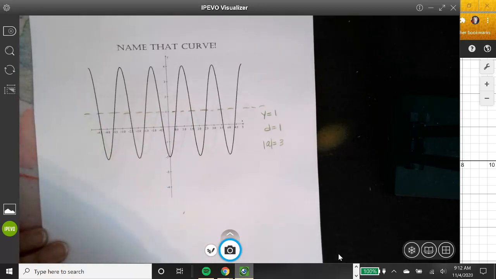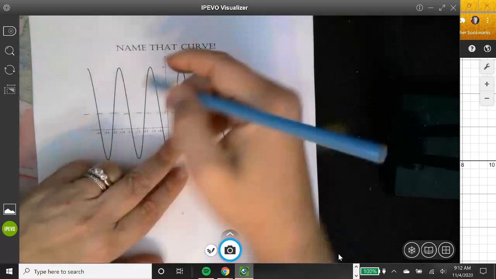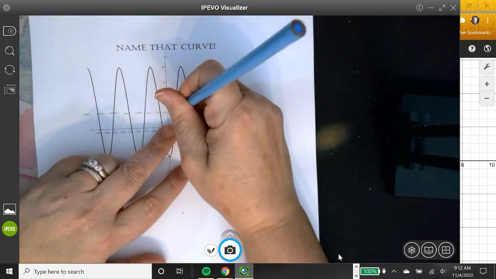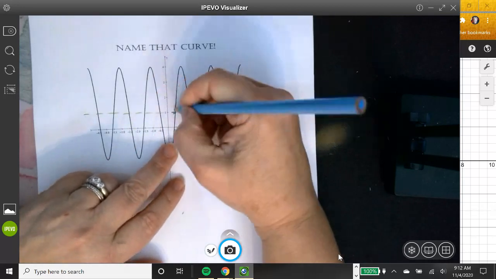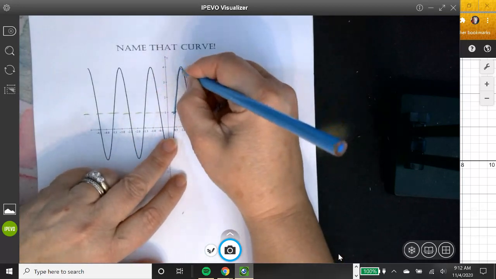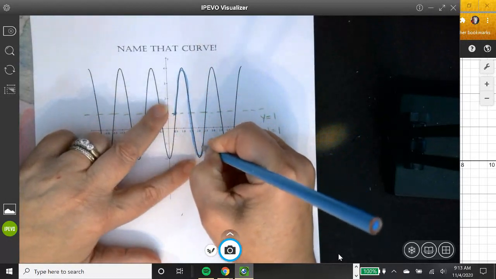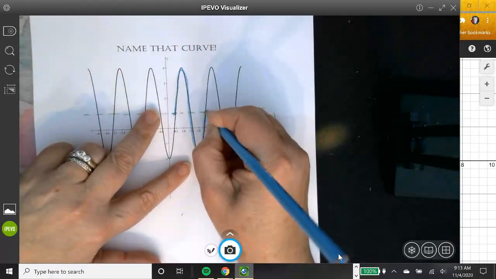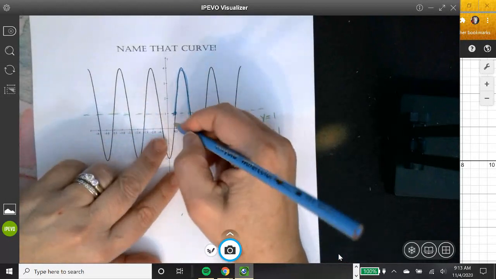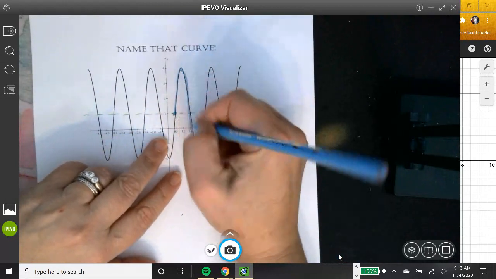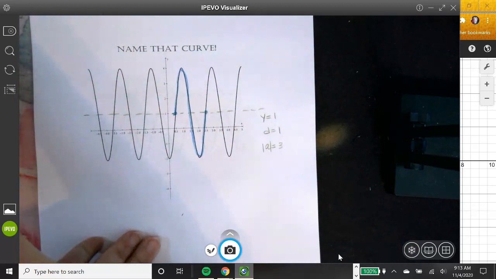Now, when I'm naming that curve, what I like to do is actually highlight the curve I'm going to name. Okay, I'm going to start right here, and I'm going to name this part of the curve. Because if I name this part, what kind of equation is that? Well, it's a sine because I started on the midline, right? And it's a positive sine because I went up first. Agreed?